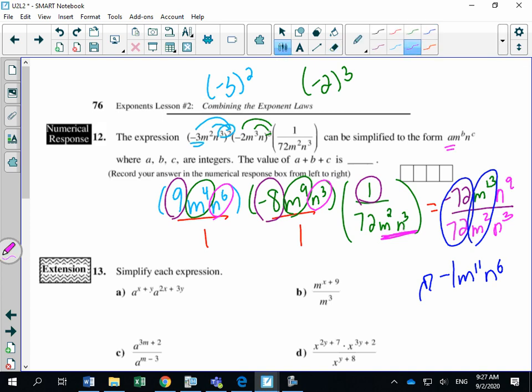A is in front of the m, so a is equal to -1. The b is the exponent on the m, b is 11, and the c is the exponent on the n, the c is 6. When you add a plus b plus c, you're going to get -1 plus 11 plus 6. -1 plus 11 is 10. 10 plus 6 is 16.